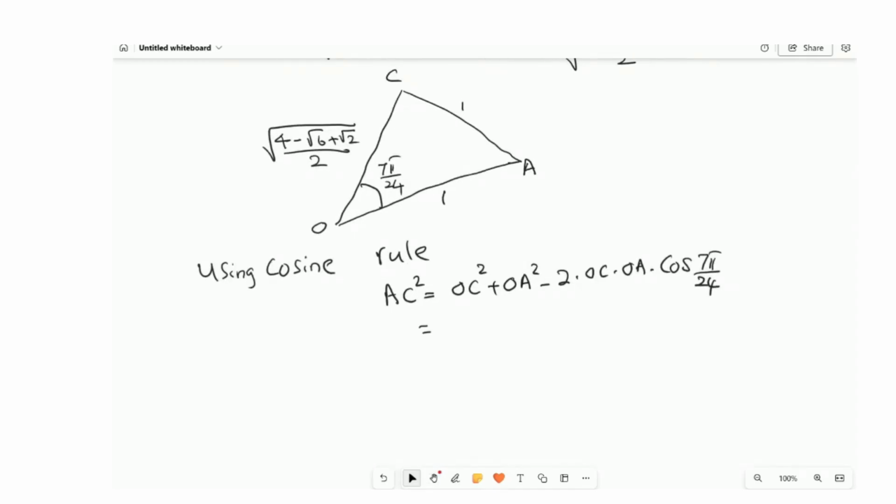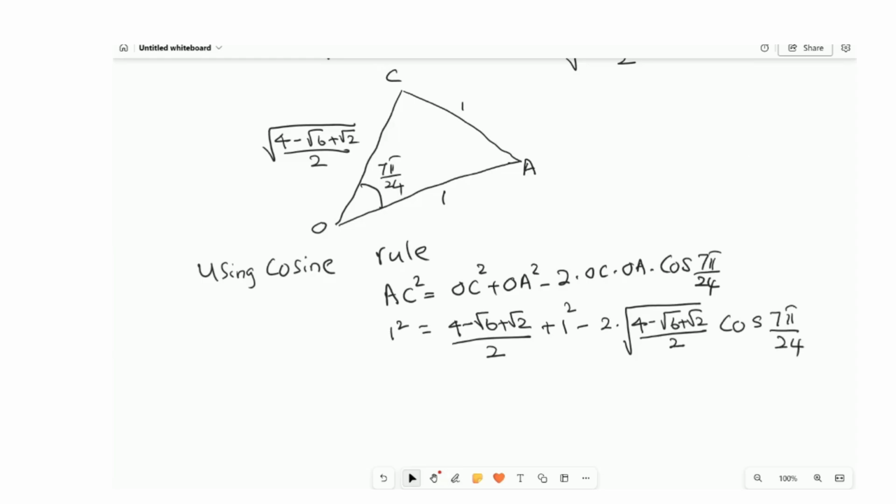So now OC square is 4 minus square root of 6 plus square root of 2 divided by 2. Then OA square is 1 square. AC square also 1 square, minus 2 times OC, which is again square root of 4 minus square root of 6 plus square root of 2 divided by 2, cos 7 pi divided by 24.